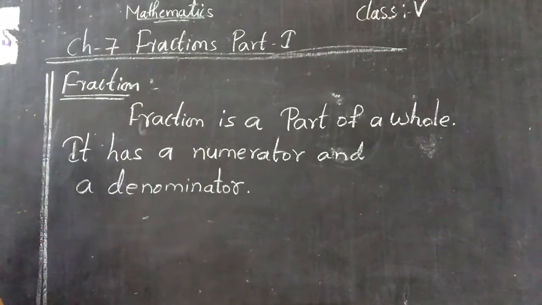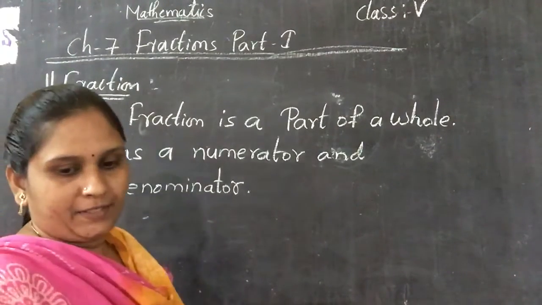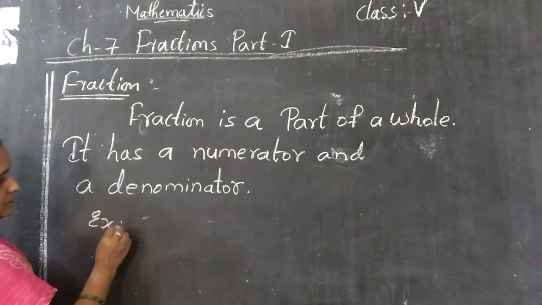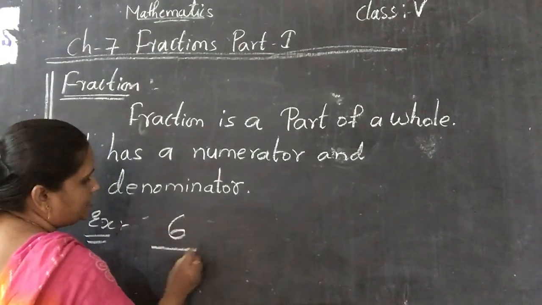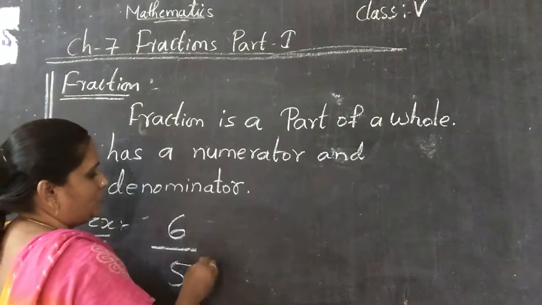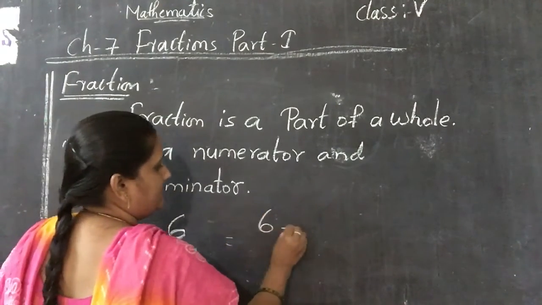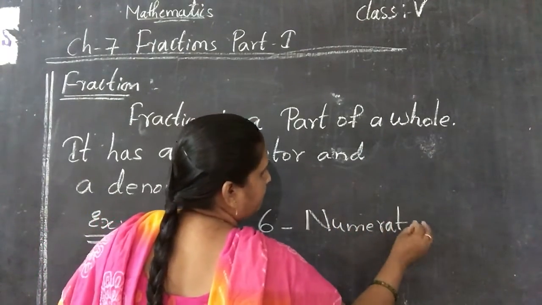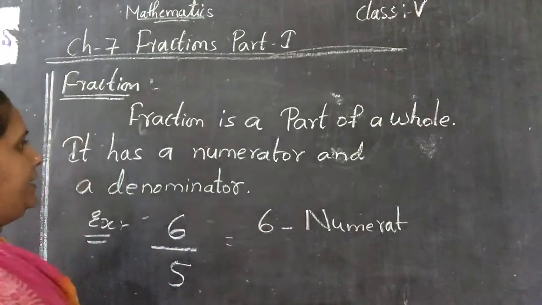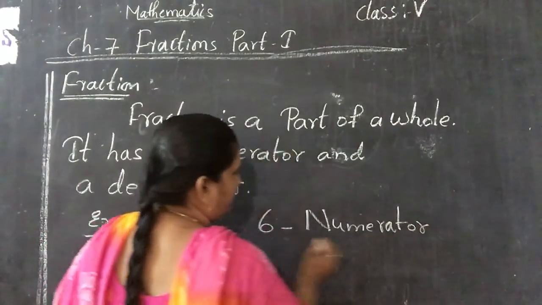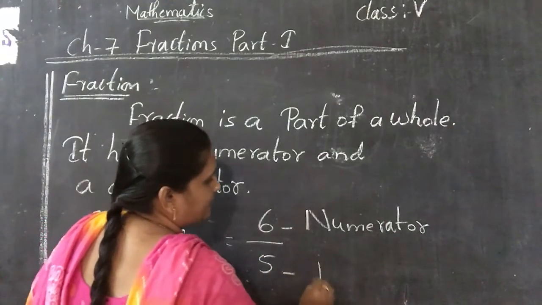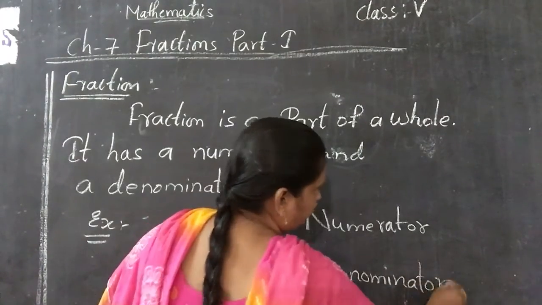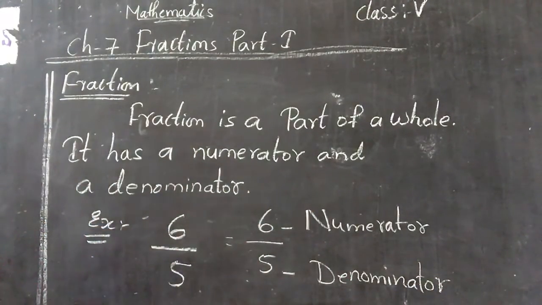Now write down the example, 6 by 5. In that, 6 is known as the numerator and 5 is known as the denominator.